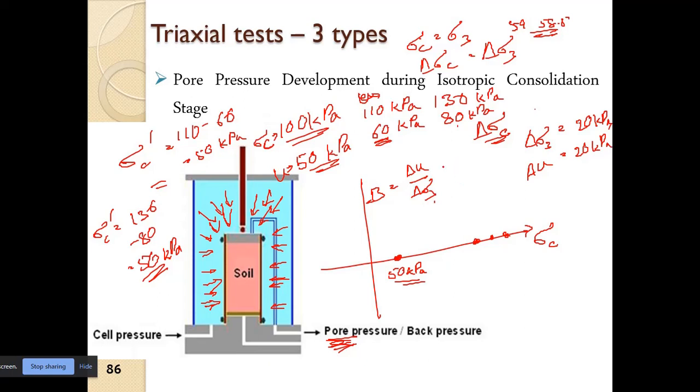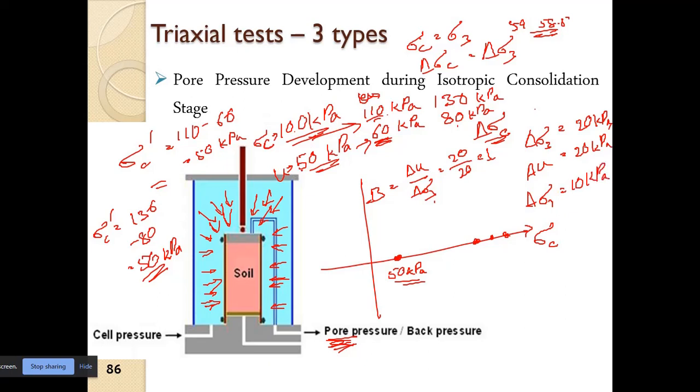So here 20 kPa by 20 kPa is equal to 1. Again in this case also, we increased from 100 to 110, so delta sigma 3 is equal to 10 kPa.